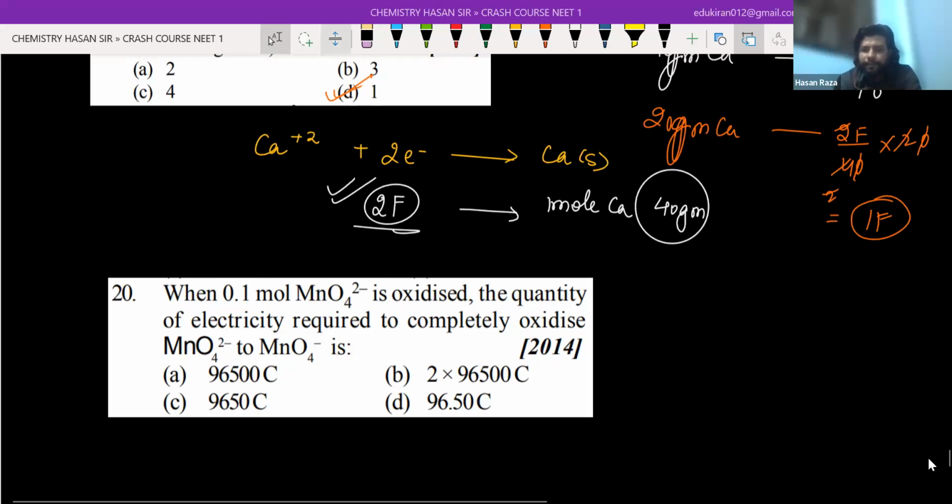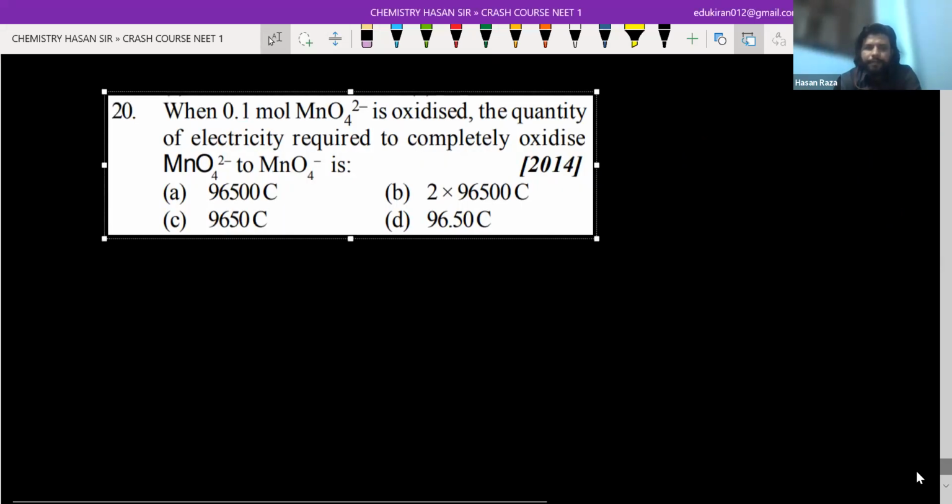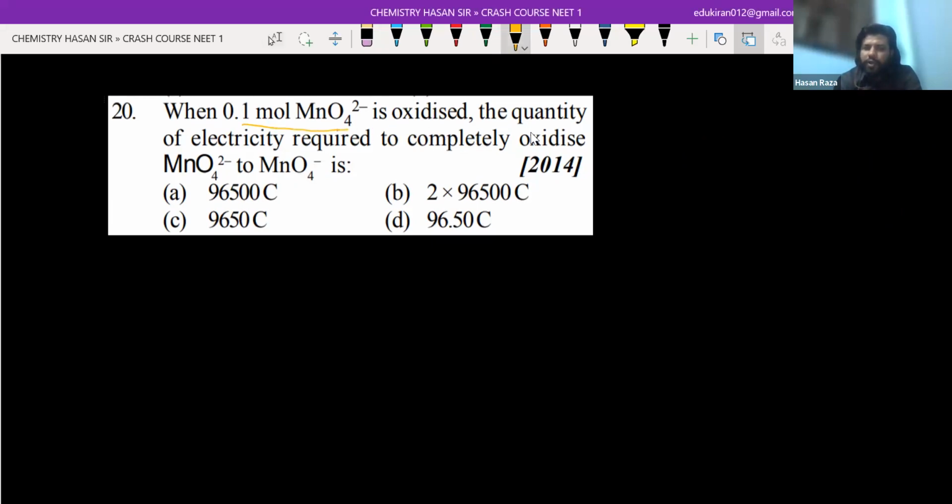You can see, when 0.1 mole of MnO4 2- is oxidized, we need to calculate the quantity of electricity required, the charge to completely oxidize MnO4 2-. Basically, MnO4 2- is converting into MnO4 -.